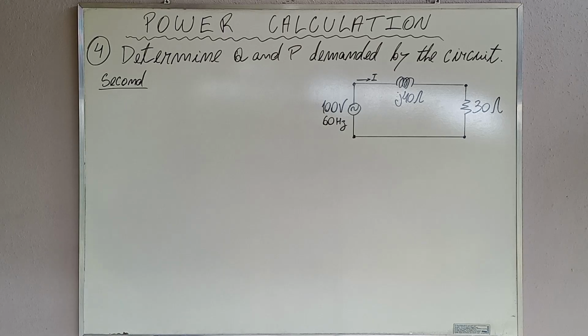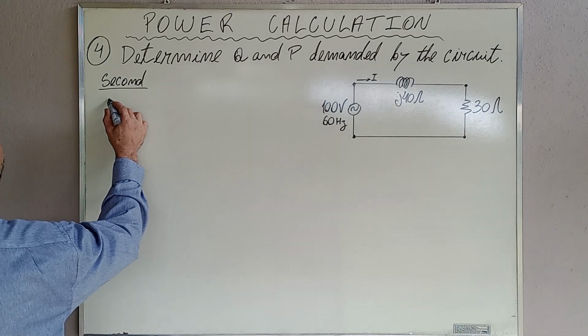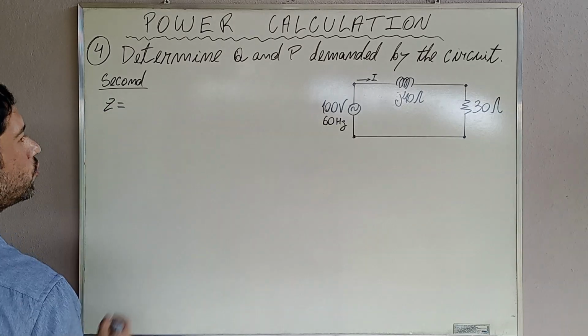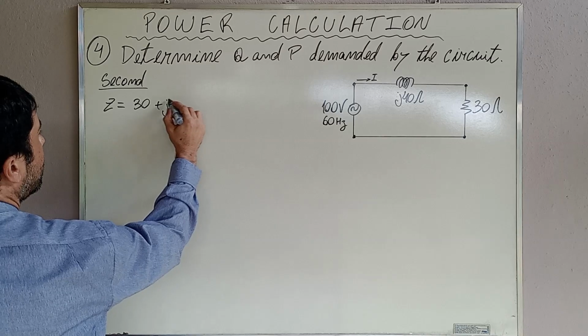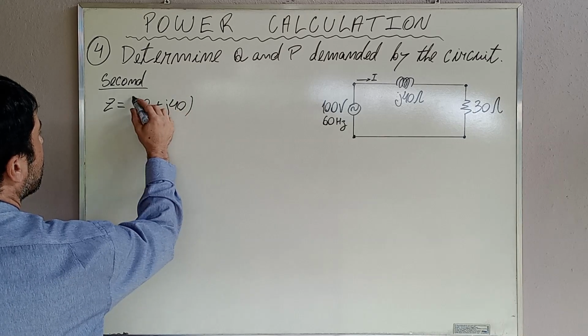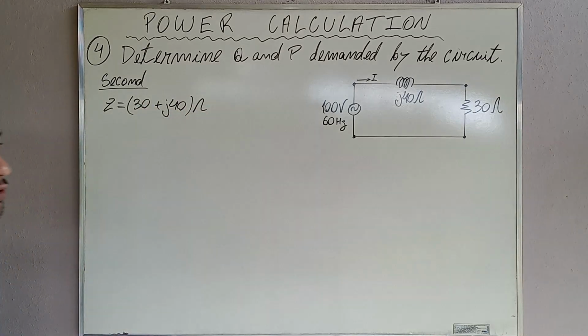The second method consists of determining the real power and the reactive power using the complex impedance. We know that the complex impedance is Z equal to 30 plus j40 ohms.